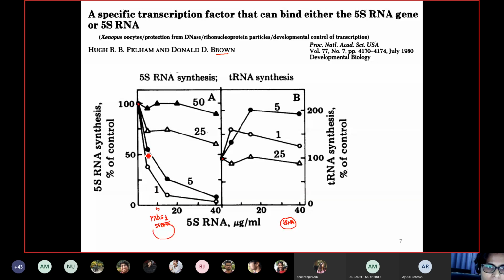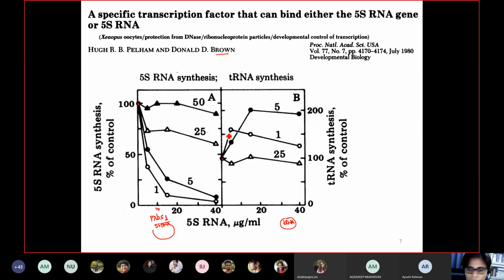You have a very sharp decline of 5S RNA production, as you can see here at 1, 5, 25, and even a small amount at 50. Specifically at 1 microgram or 5 microgram, the effect is very drastic, with a strong reduction in RNA production, especially 5S RNA production. Not so much decline is there in tRNA. In fact, at 1 microgram there is no decline in tRNA production. So that was the effect.